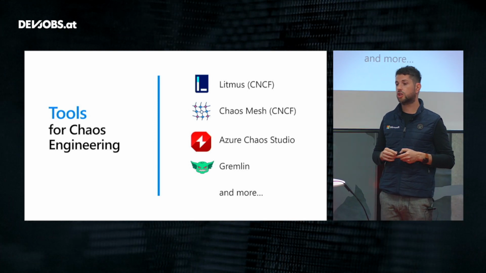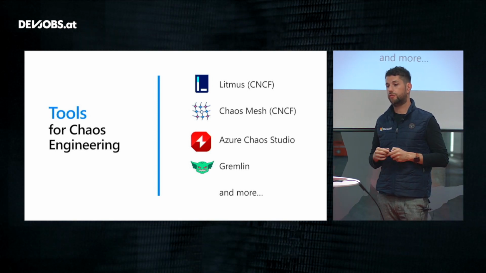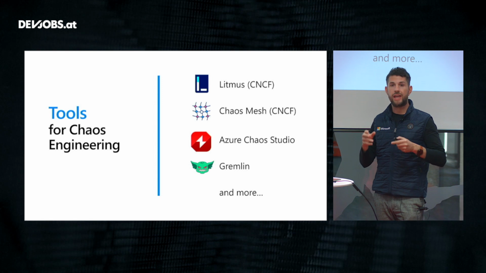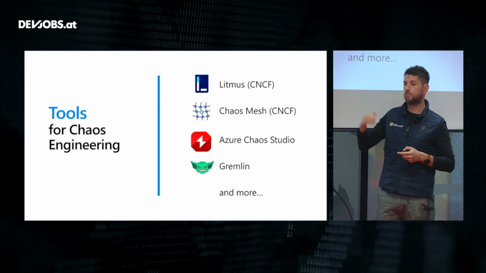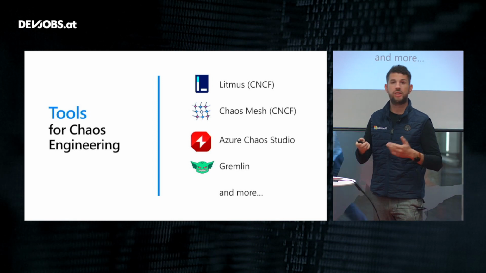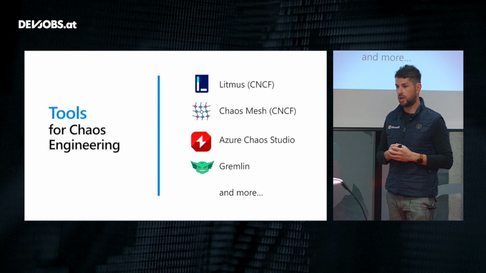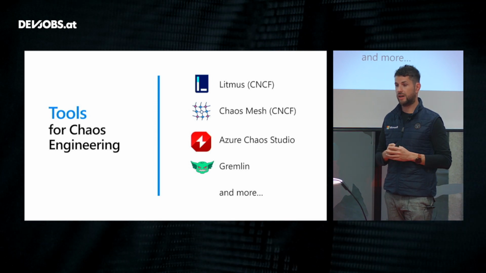The latter is actually also the foundation of the offering in the Azure Chaos Studio that was building upon this open source project Chaos Mesh. And then there is another one, Gremlin. It's also a commercial solution, and it's been out there for quite some time.